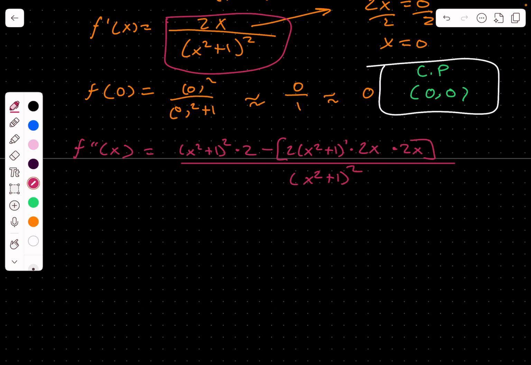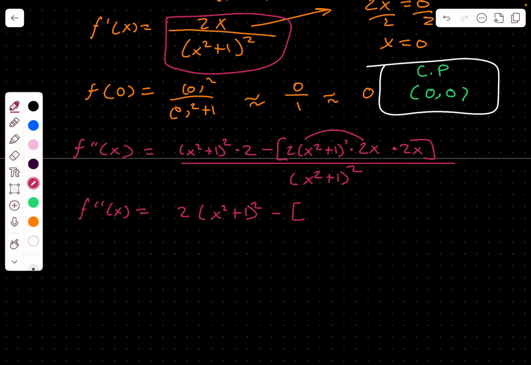And I'm assuming that you are familiar with the chain rule. This is the chain rule that I just did here. This is all one thing, and then this was our numerator. Now let's simplify this guy. f double prime of x equals, I'm going to put the 2 in the front, so we get 2 times x squared plus 1, all to the second power, minus, and then we have this whole mess in there.